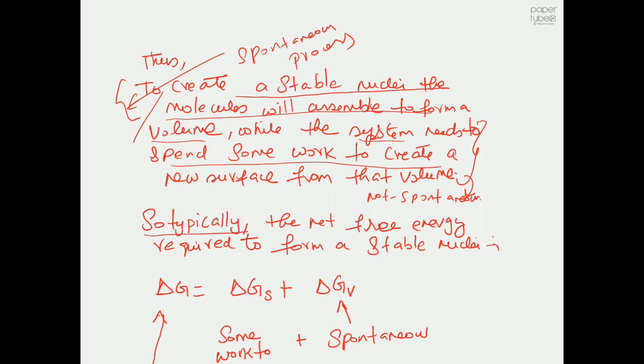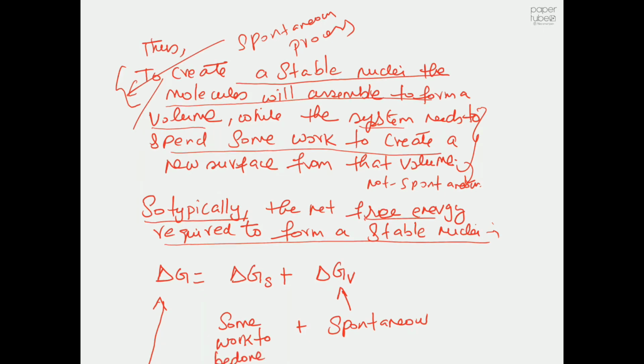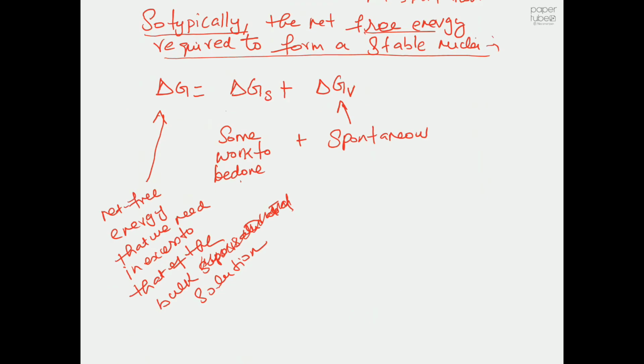So typically, the net free energy required to form a stable nuclei: if you want to create a stable nuclei in the solution, you have to build up the volume and the surface. They occur in parallel. Some volume they will try to build up by assembling all those molecules. Out of that, we are going to create some stable surface, which means the system needs to do some work.